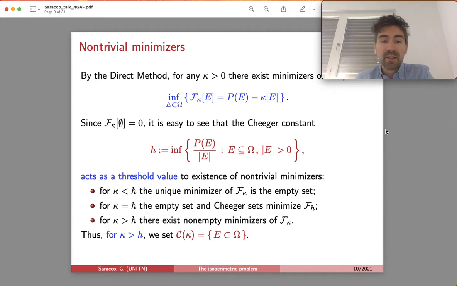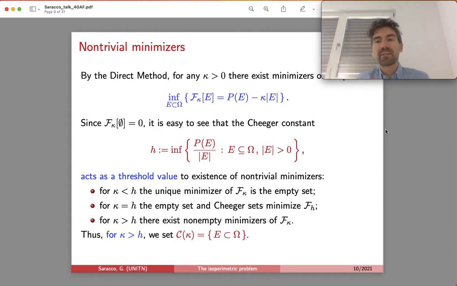On the other hand, if you fix this constant strictly greater than this threshold value, the Cheeger constant, well, then you have non-empty minimizers, okay? Actually, you only have non-empty minimizers. The empty set is no more a minimum.